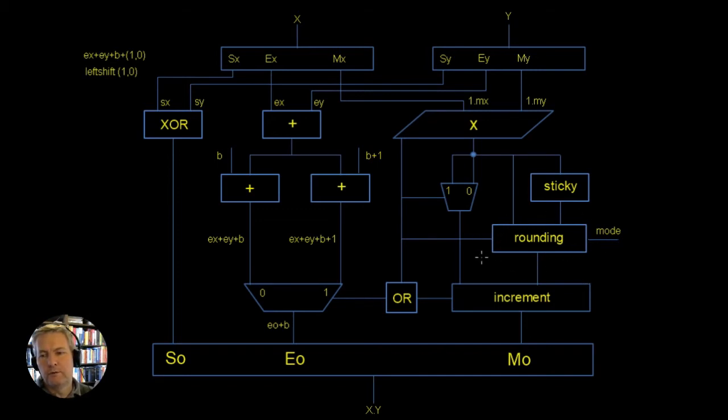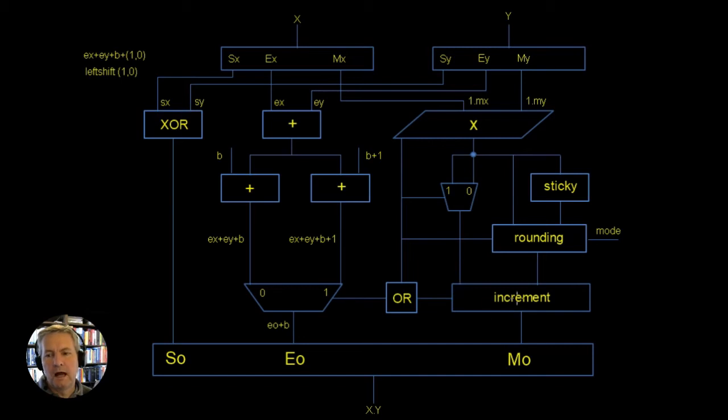Now I'm not going to go over the rounding again. You can have a look at the video on rounding and see how this is working. But ultimately we're going to get an output here which is either going to be a 1 or a 0. It's going to tell us that we need to increment the 23 bits of the mantissa.